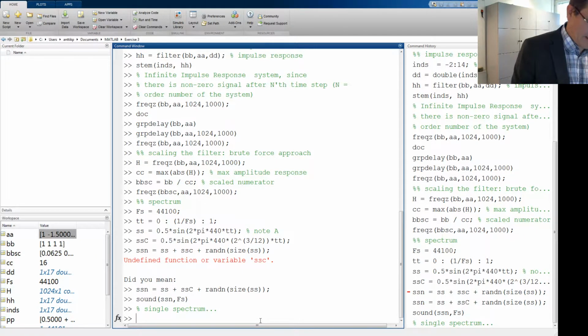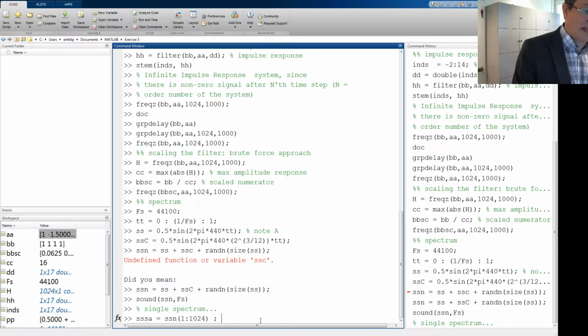So SS. Okay, that's the sample, or SSA. This would be the first 1024 points.